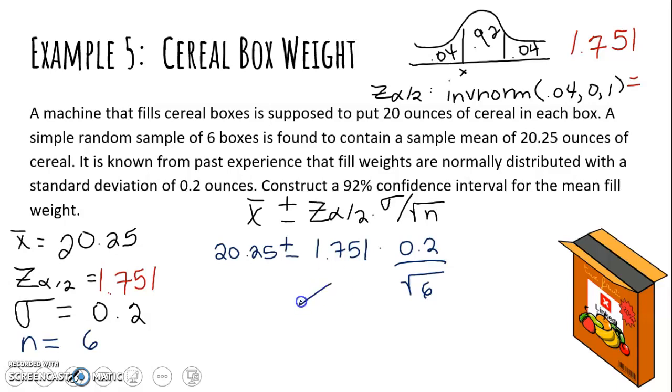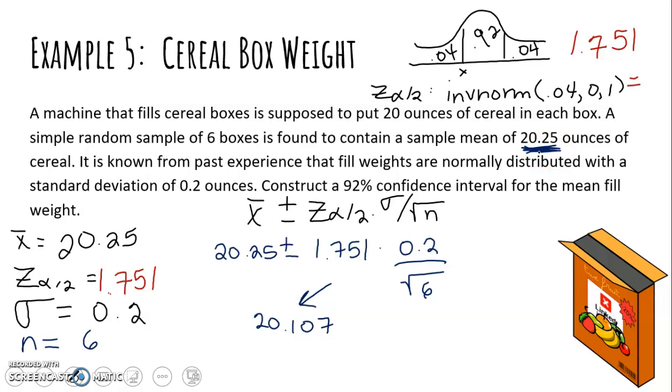And we get 20.107. Now, for this, I would round it like I would do the mean. So in this, since we're estimating the mean, I would go out one place past what the sample mean was.